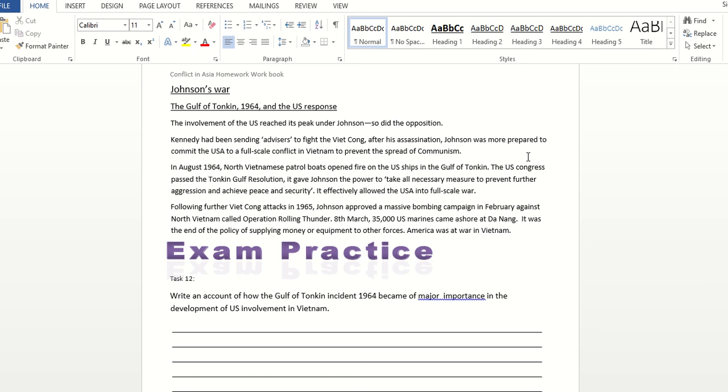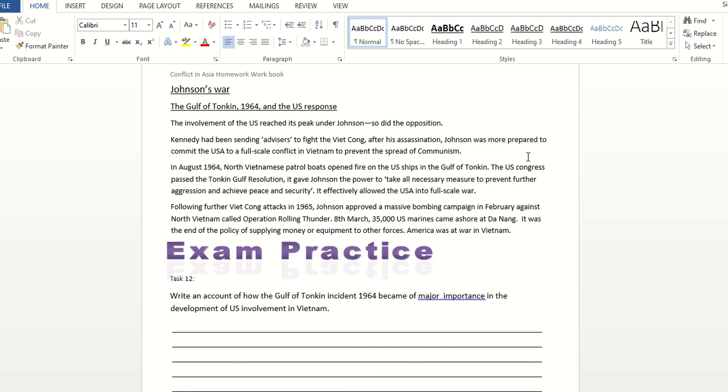No longer were they just giving money and sending advisors, now they were sending troops. And so in 1965, the first troops arrived inshore at Da Nang, and America launched an operation called Operation Rolling Thunder, a mass bombing campaign to attack the North Vietnamese. We'll talk more about these next time.